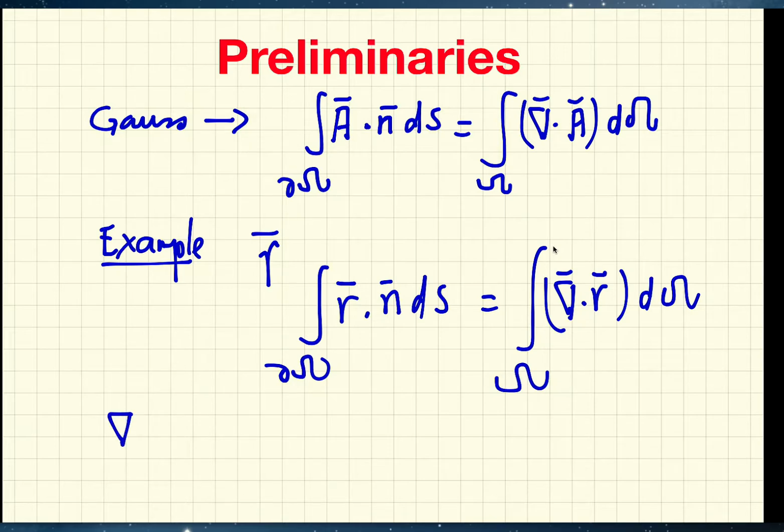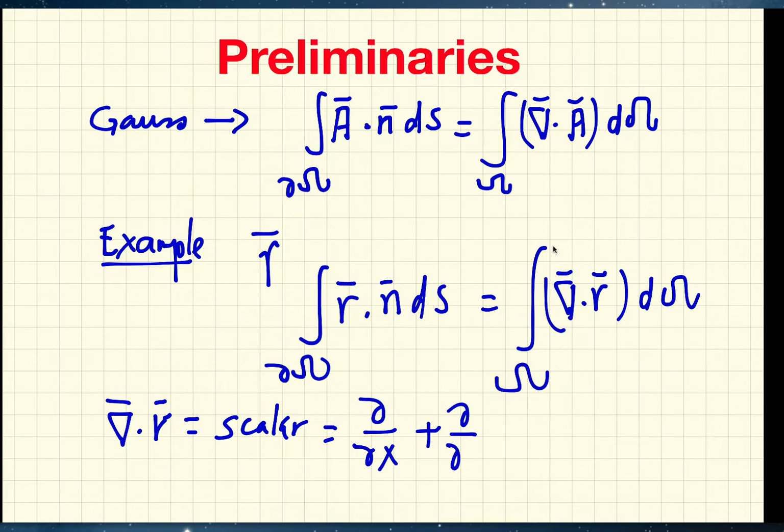Notice that the divergence of a vector is a scalar quantity, and it is the sum of d by dx plus d by dy plus d by dz of the three components. The three components of r are basically x, y and z. So when you do this sum, you get a factor of 3.